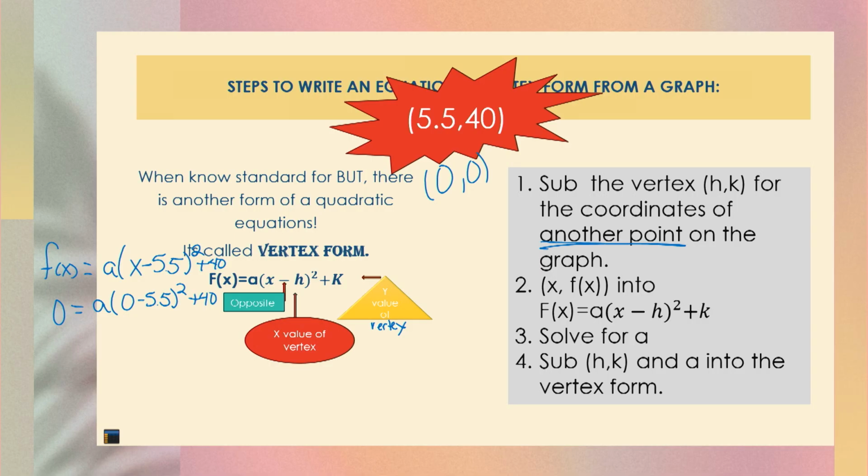So let's see. 0 minus 5.5 is negative 5.5. When I take negative 5.5 and I square it, I get 30.25 and then plus 40, and this still equals 0.